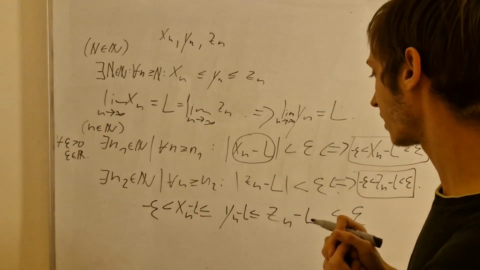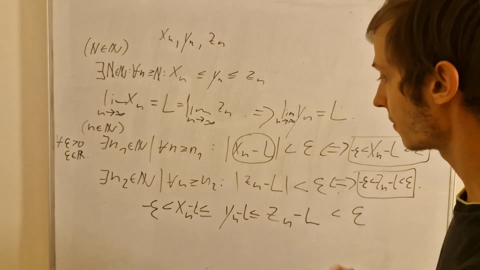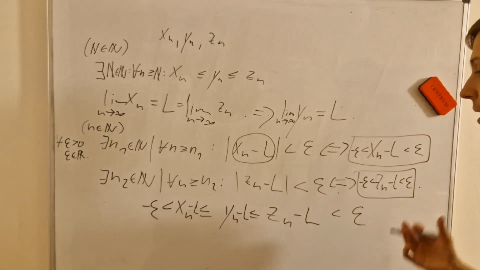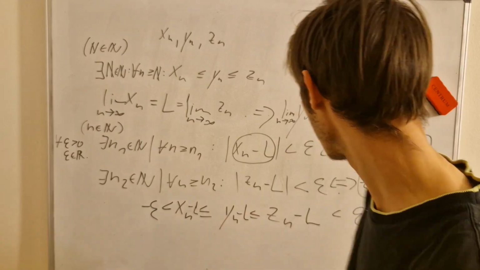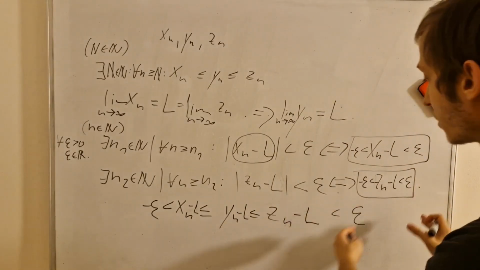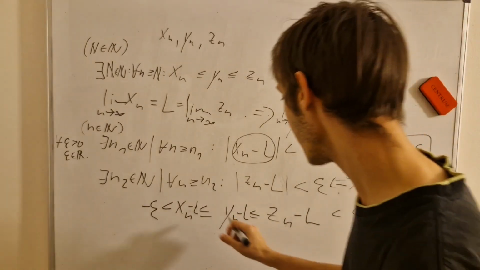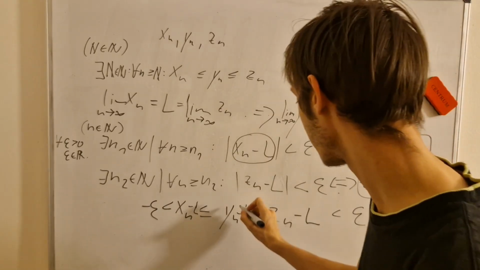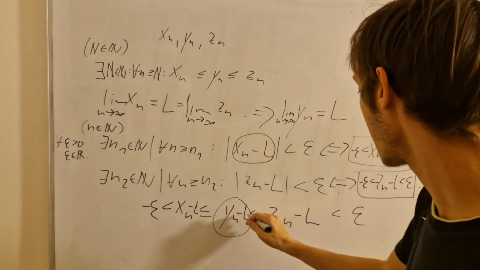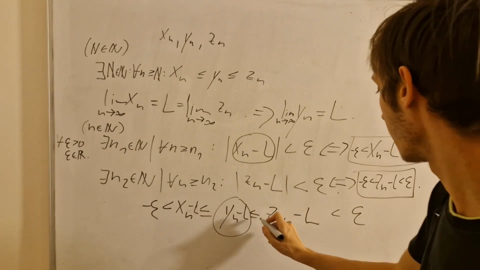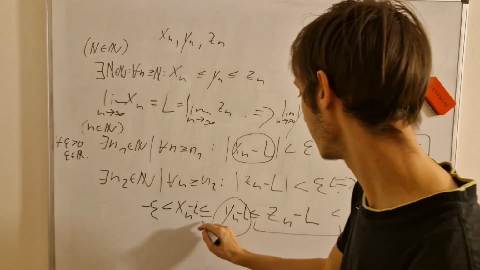But we could just write it out here again, and then with that trick of subtracting L, we could realize, oh, xn minus L is higher than minus epsilon, and zn minus L is smaller than epsilon, but between them, with these smaller or equal signs, is stuck yn minus L. So that implicitly means this chain effect of the inequalities as we see here, right?